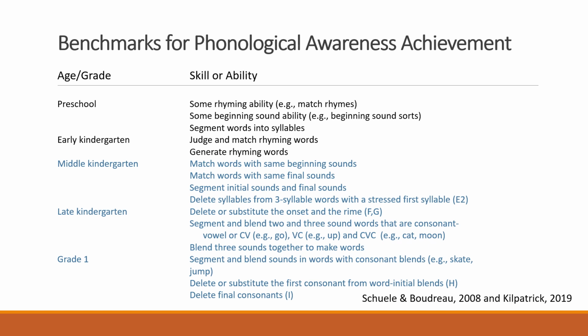The manipulation of large units, like the deletion of syllables, can be observed in kindergarten, along with the deletion and substitution of the onset and rhyme. Deletion of final consonants and the first consonant of blends at the beginning of words is observed in grade 1.